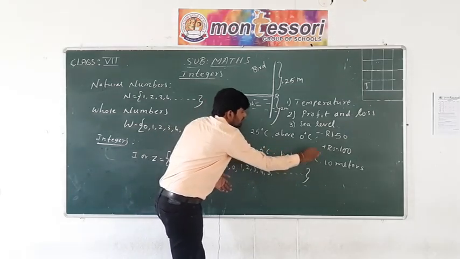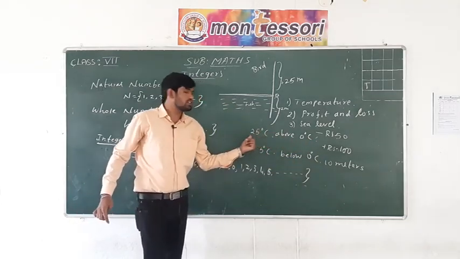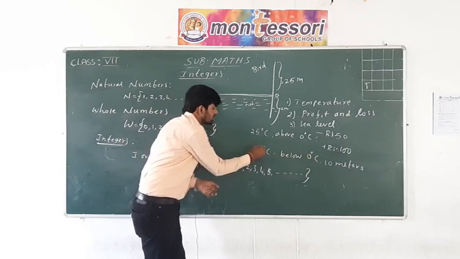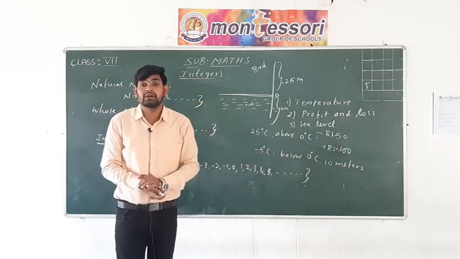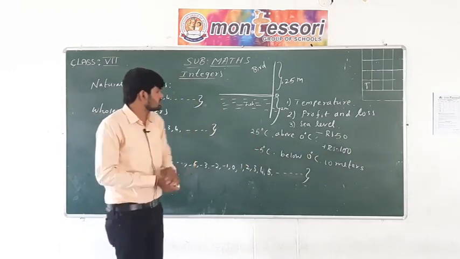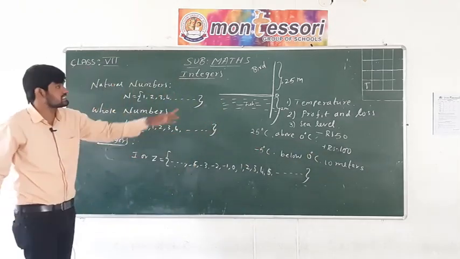So when I say above 0 degrees Celsius we denote with the positive sign and below 0 degrees Celsius we denote with the negative sign. The negative sign denotes that it is cold in Simla and the positive says a little bit hot. So these are the examples where we use the integers in real life.